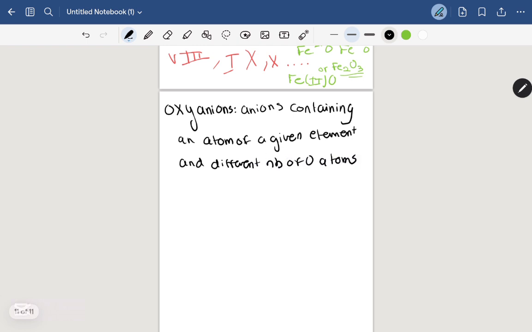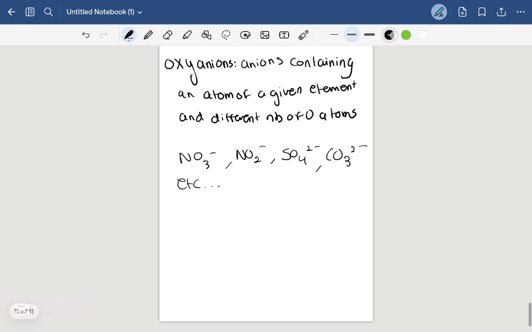Very famous examples we use: NO3-, which is the nitrate, NO2-, SO4 2-, which is the sulfate, CO3 2-, which is the carbonate, and etc. Anything that has an element and then oxygen, and it's an anion, that means it has a negative charge, then definitely it's called an oxyanion.